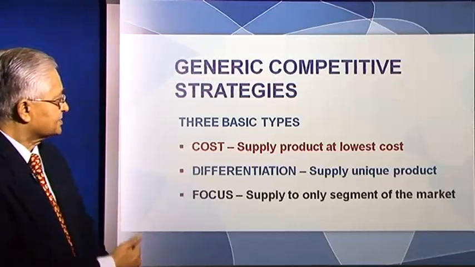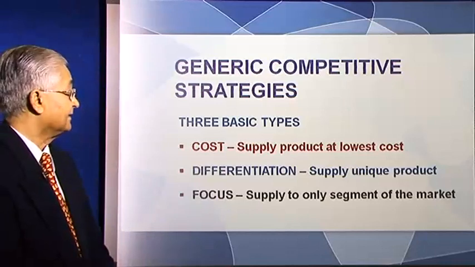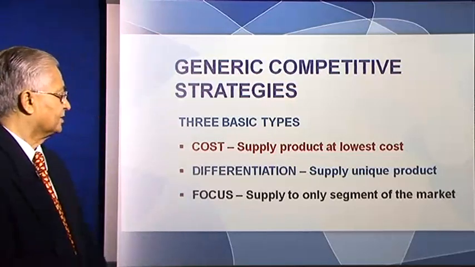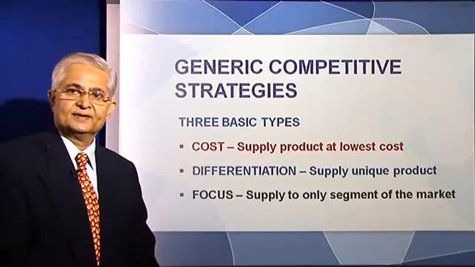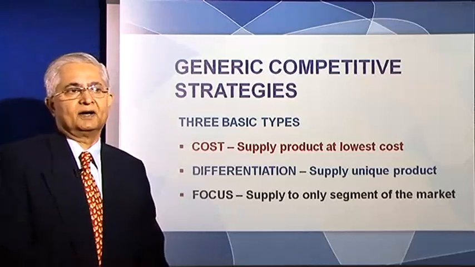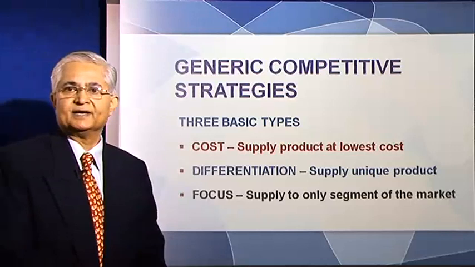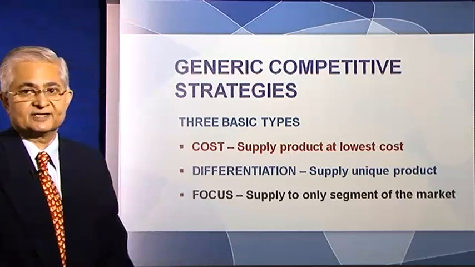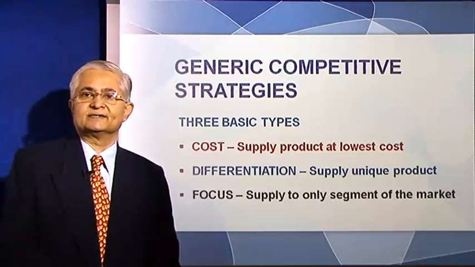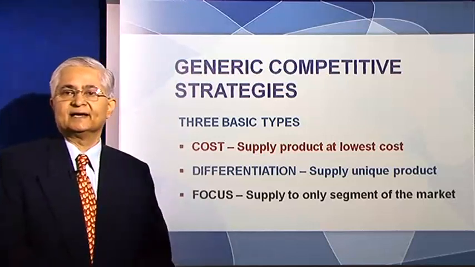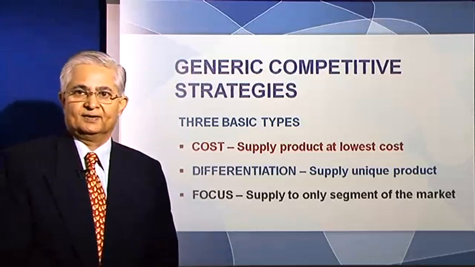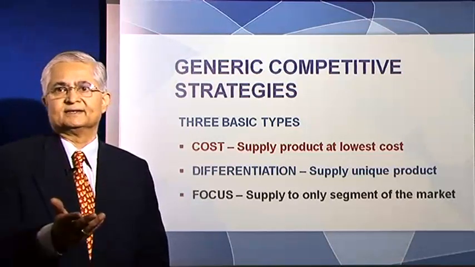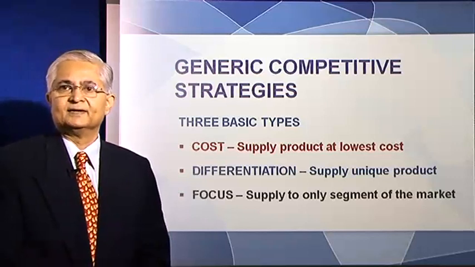Then let's look at the third option, and that is the focus option. A good example here is the restaurants. Let's look at a city like Chennai. Now, Chennai was a very conservative city till some years back.